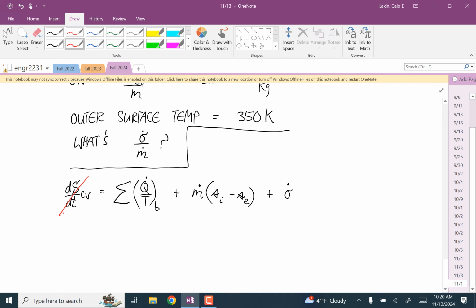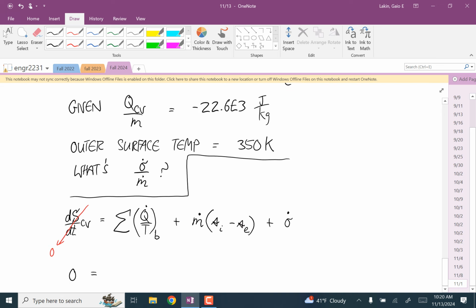And since it's steady state, this is equal to 0. So we get 0 is equal to, what can we say about the heat transfer?